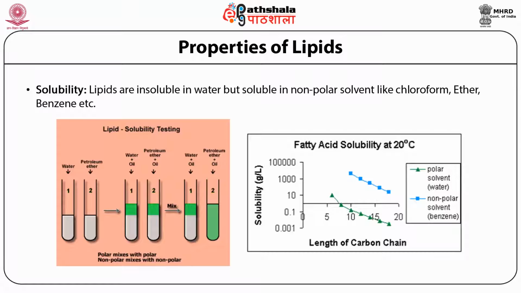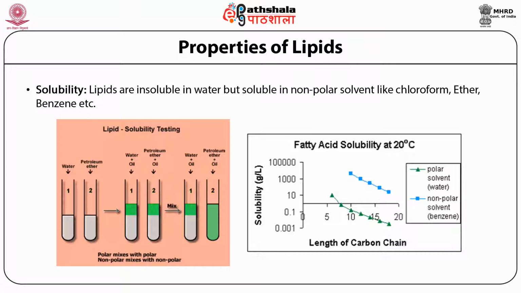The picture shown below is showing how we can test the solubility of lipids. There are three pairs of test tubes. In the first pair, the lipids are mixed with water, and in the second, they are mixed with petroleum ether. Here, oils are used as an example of lipids.